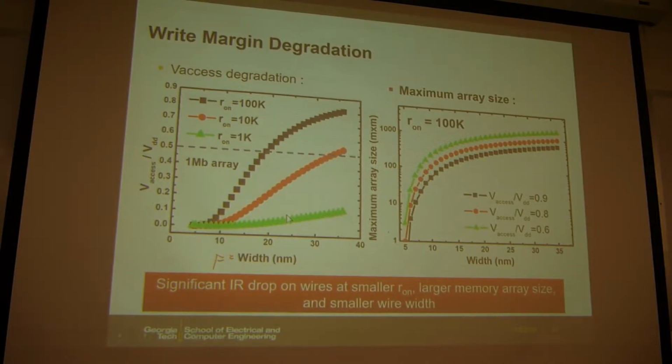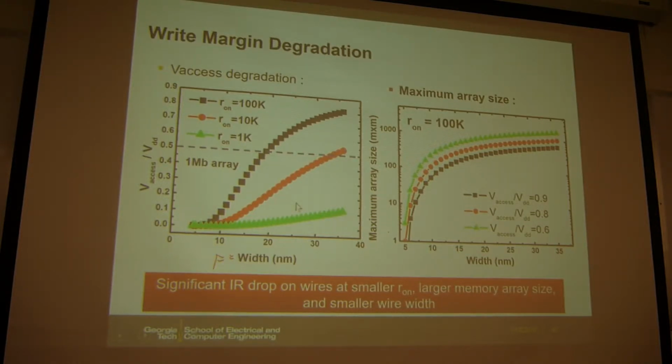That means when you apply 2 volts to program your device, the farthest cell can only see about 0.2 volts, which cannot write the cell. So this is a write failure. This is not good, because this R is so low compared to the wire resistance.